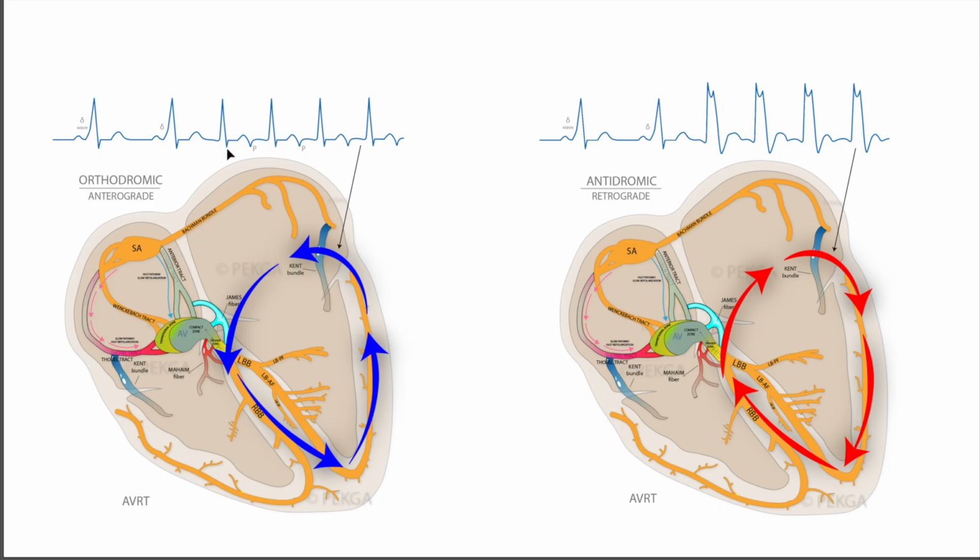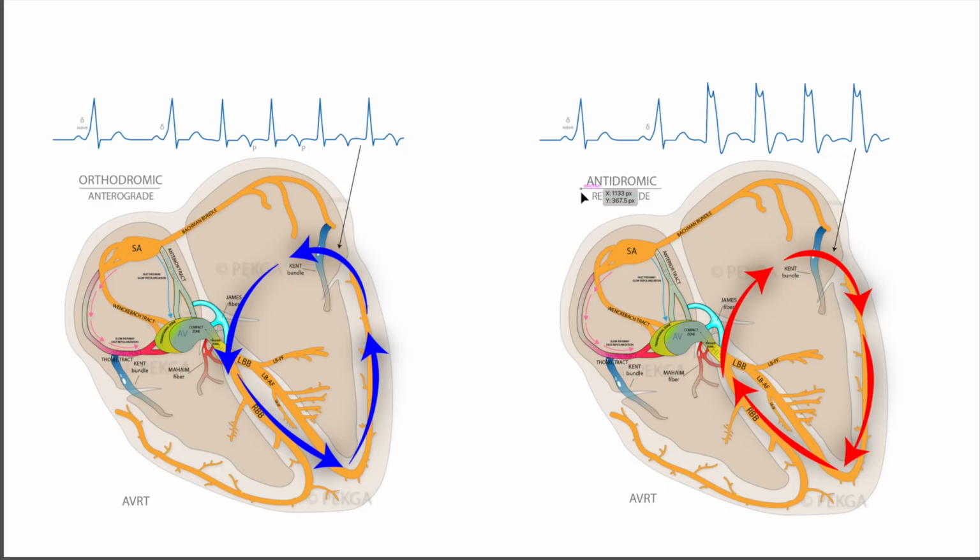So it's not going to be buried in the S wave. Well, it could be buried in the T wave, but it's going to be greater than 70 milliseconds from the onset of your QRS, and typically more than that, greater than 100 milliseconds latency after the first QRS depolarization.